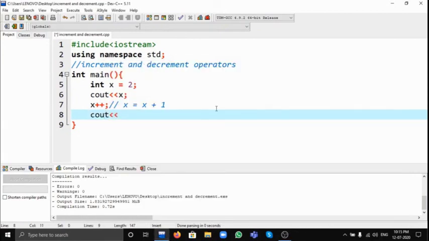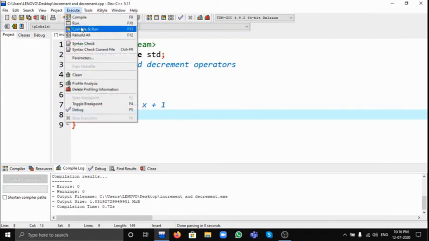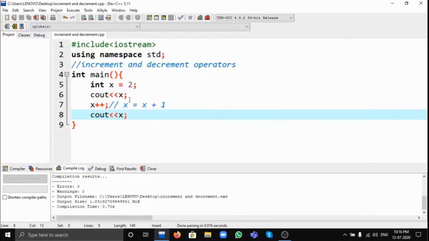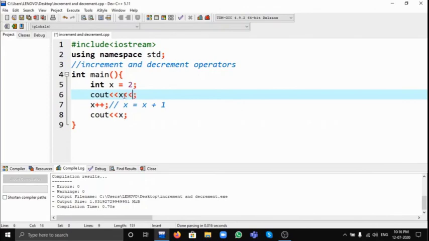Now let's say I want to see the value of both: the value before it was incremented and after it was incremented. If I print them like this, it will print on the same line. For example, if you see here, it's printing 2, 3. It looks like 23, right? So what I can do here is put something known as endl.